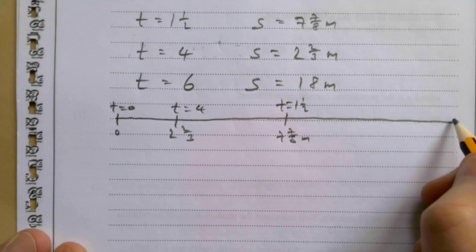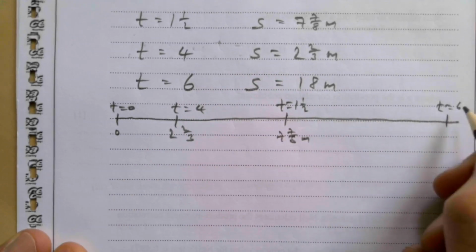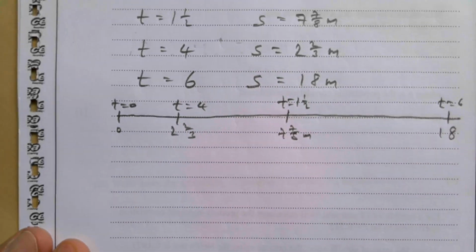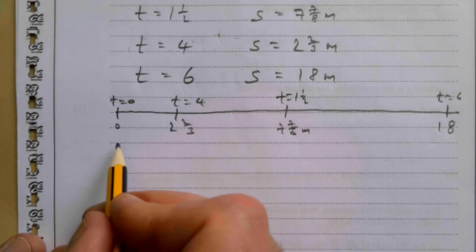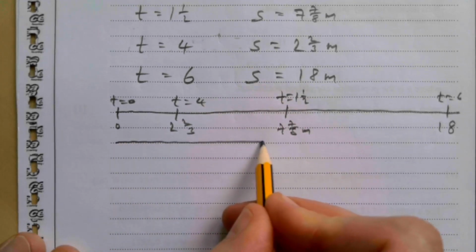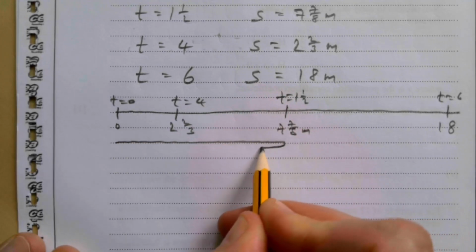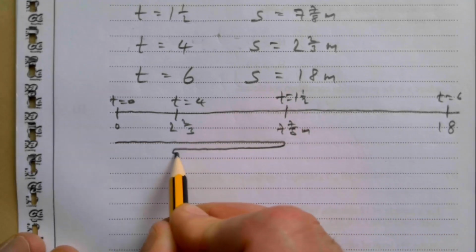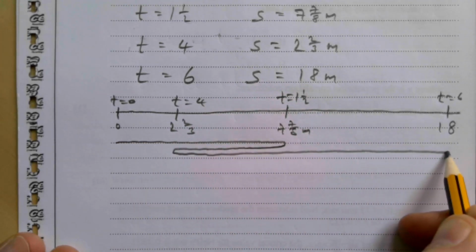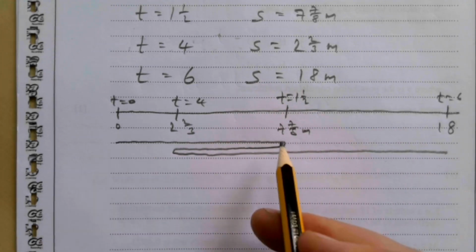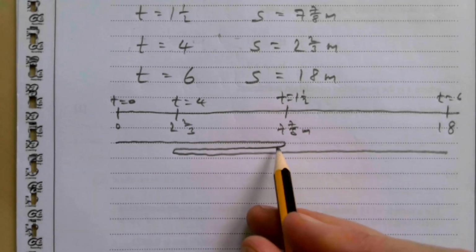And then after 6 seconds, we've gone here, we've gone up to 18. So can we see what's happened? We've gone from here to here after 1.5 seconds, then we've come back to here, and then we've gone out to here. So we need to find the total of all of these things here.